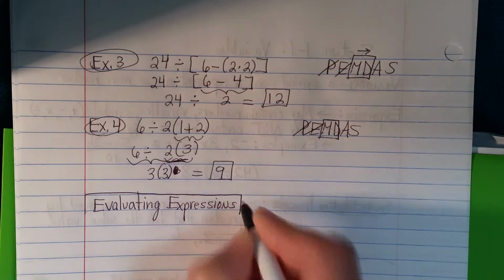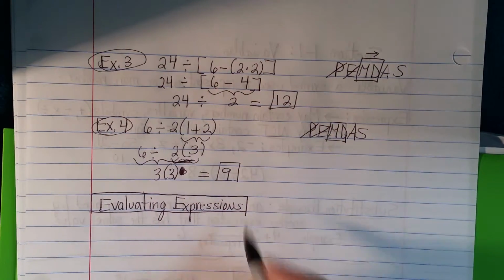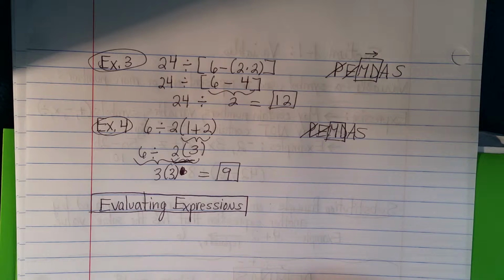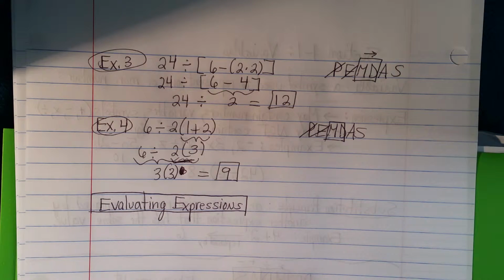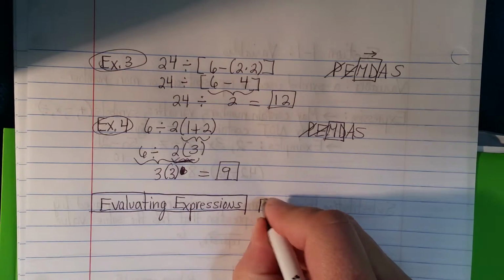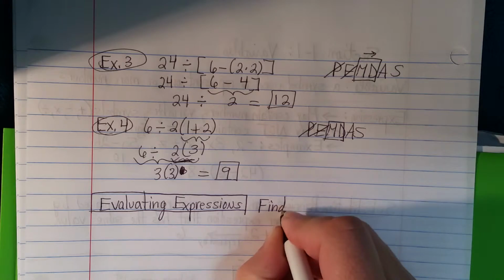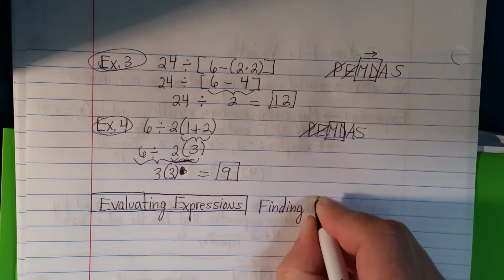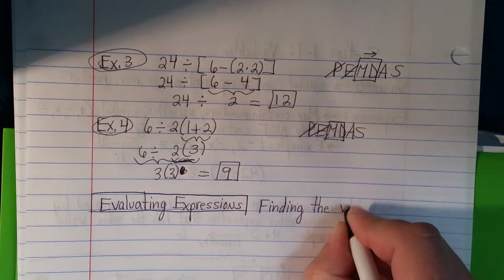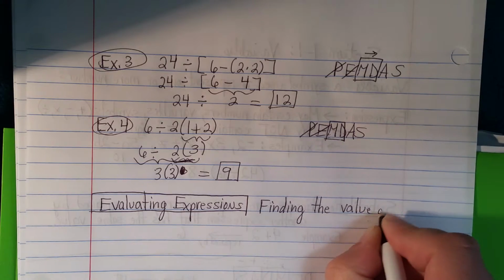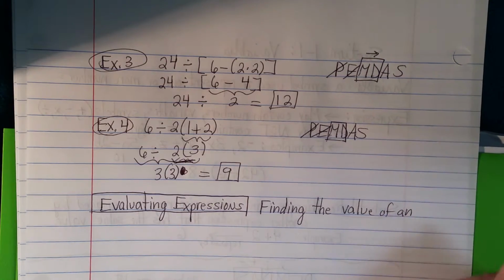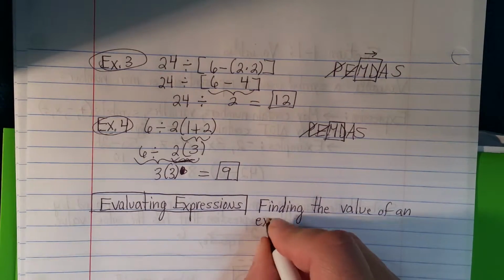And evaluating expressions just means you're going to plug in a number into a variable, and then you're going to find the value of the expression. So it just means finding the value of an expression.